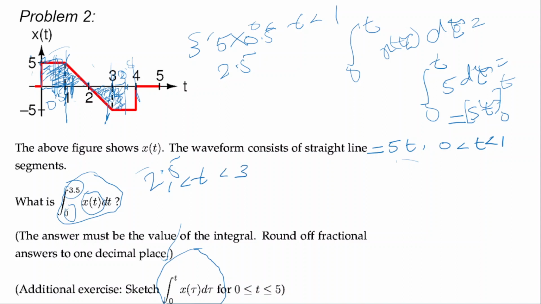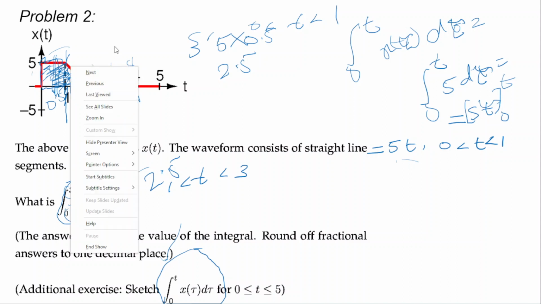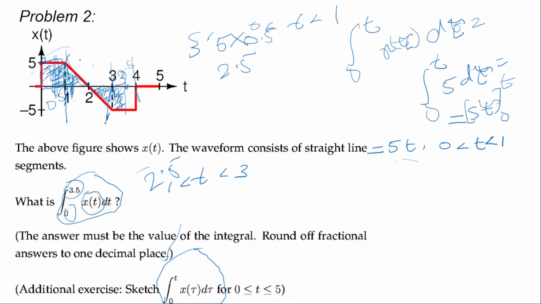So now for the range t greater than 1 and less than 3, we need to find x of t, we need to find the equation of this line. So how can we find it? We need the slope of this line and one point on this line. So let's say we take this point where the t coordinate is 1 and x of t is 5.